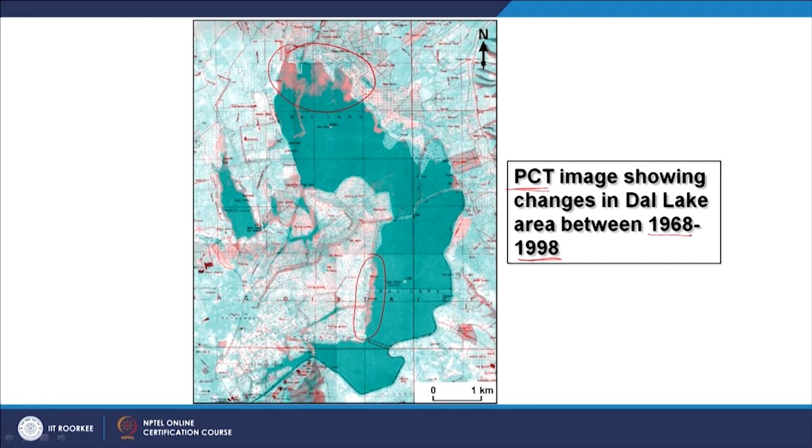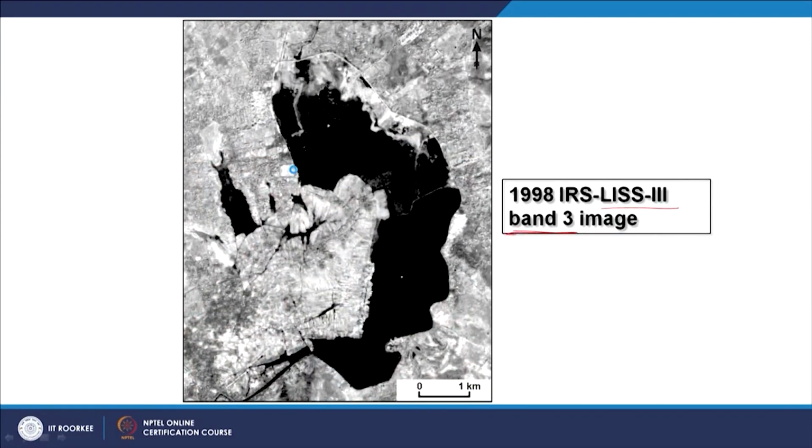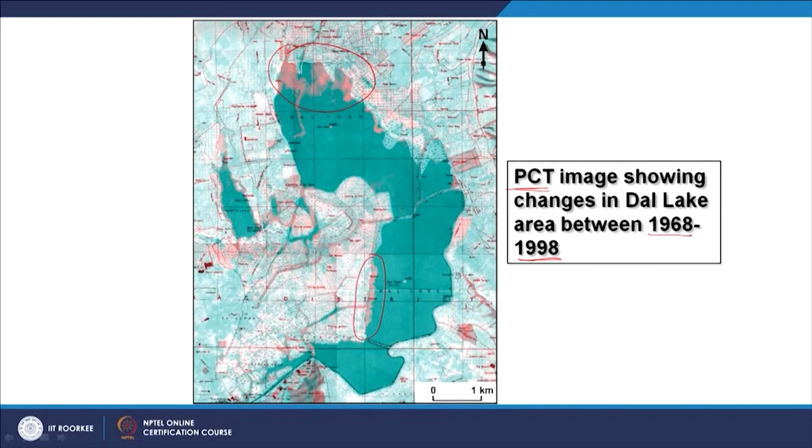Further, in the 1968 map, you would see that there were connections between Dal Lake and Nagin Lake, and sikaras, or small boats, used to go from one lake to another. But in this image you find that all those channels have been blocked because of growth of vegetation.